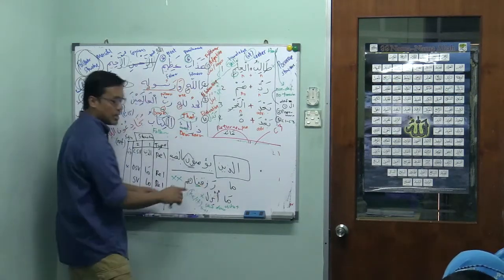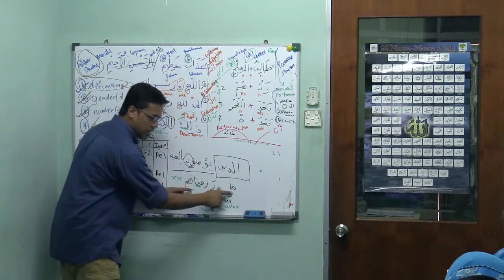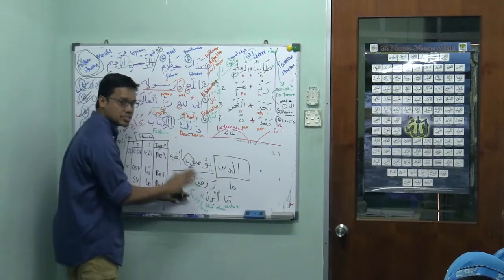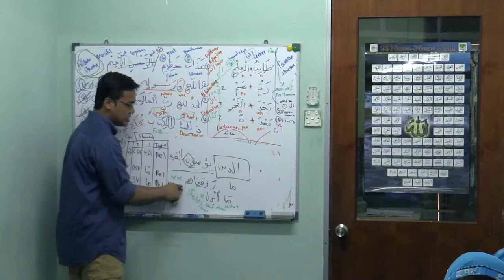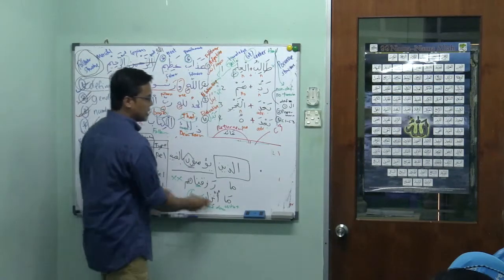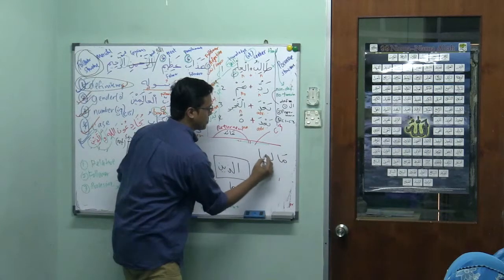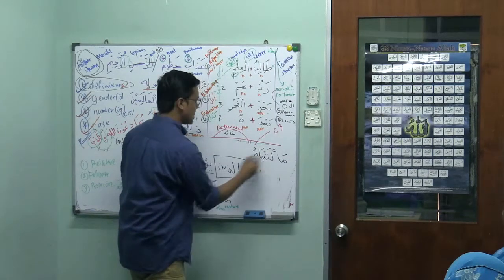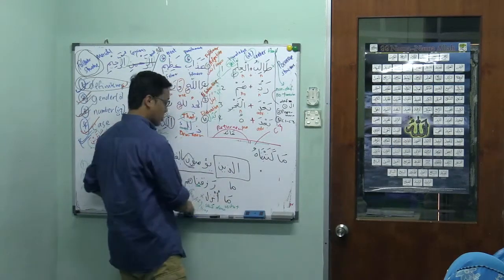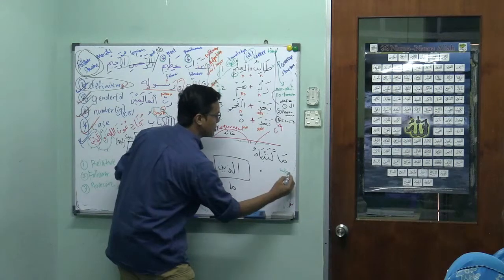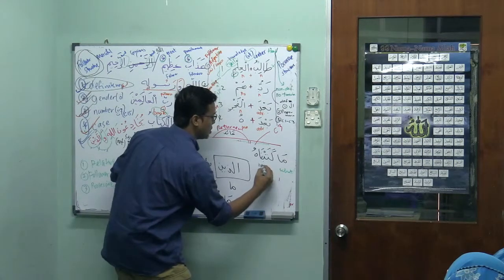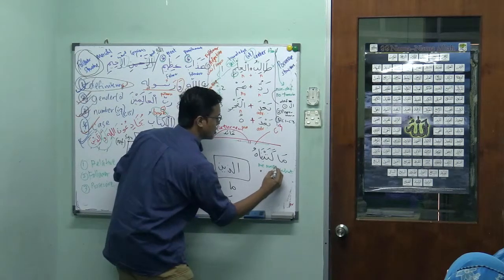But sometimes I am saying that when it's ma, it's always hidden, but sometimes it's not. Most of the times it is hidden. Sometimes it's not. Like I say ma katabnahu. What's the meaning of ma katabnahu? What we wrote.